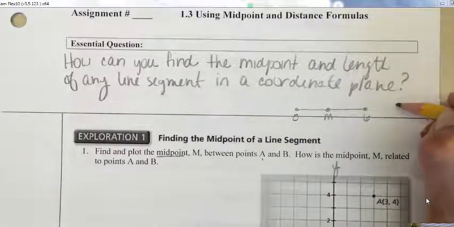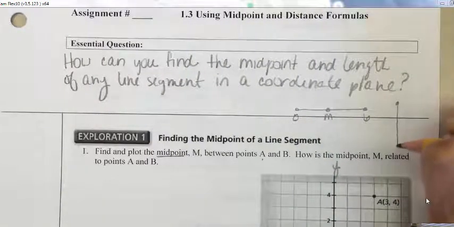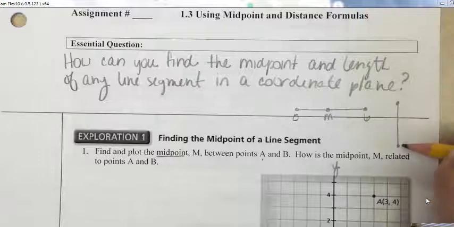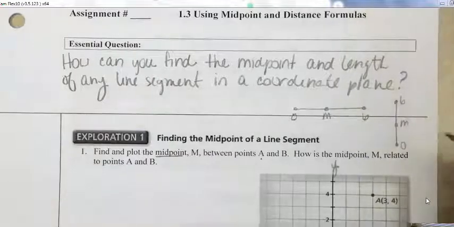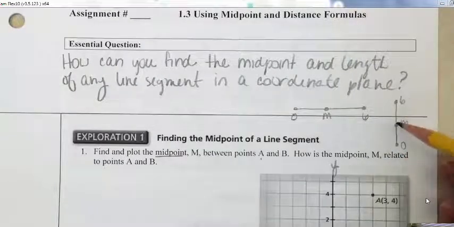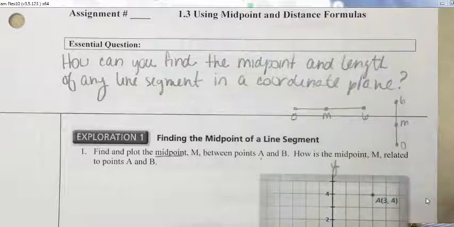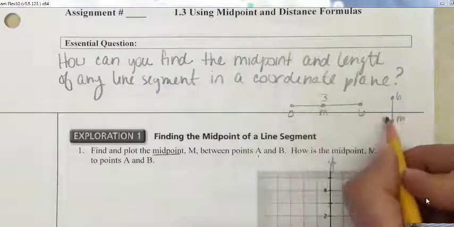Same with a vertical line. If it's a vertical line, it's pretty easy. Again, if this is 0 and this is 6, the midpoint is 3. 3 up, 3 down, 3 right, 3 left, okay? We know then that this is going to be at 3.